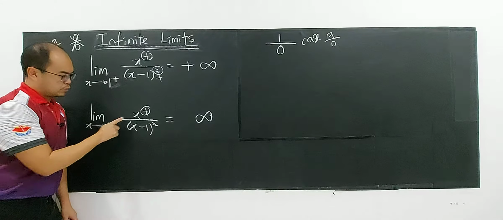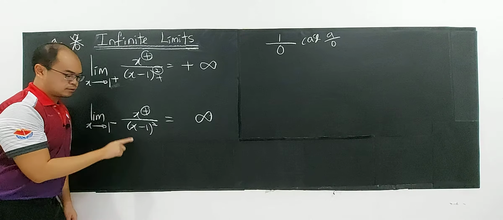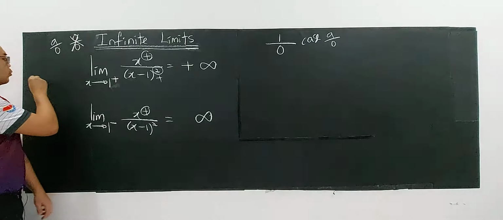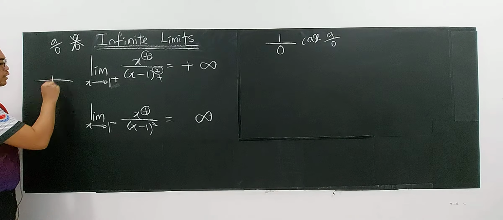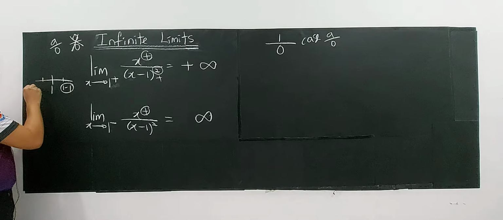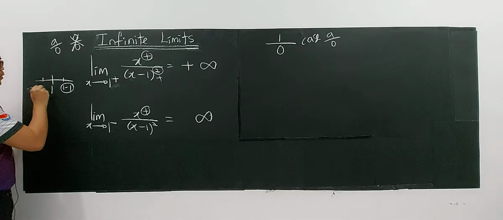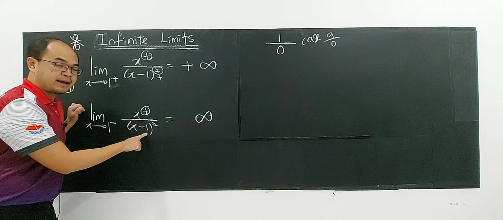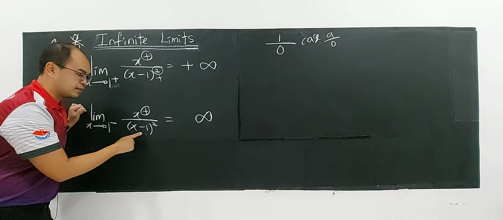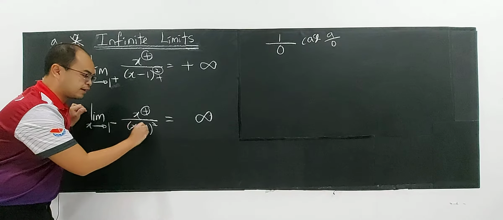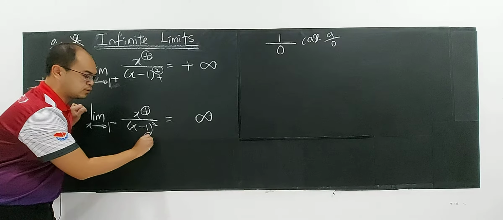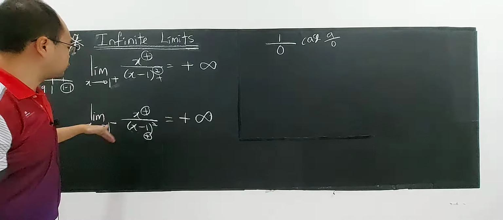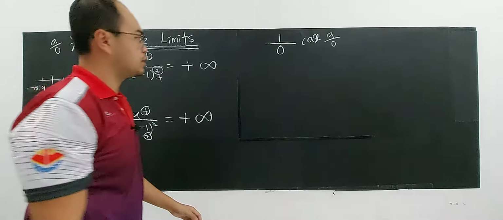But from the left, you can choose 0.9. So 1.1 is to the right, and to the left is 0.9. 0.9 minus 1, you are getting negative, right? But in this case there is a square, a negative number squared, you get positive. So you are still getting positive infinity. Now for this case, you see both sides going to positive infinity.